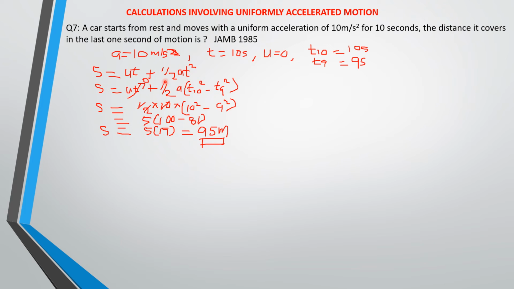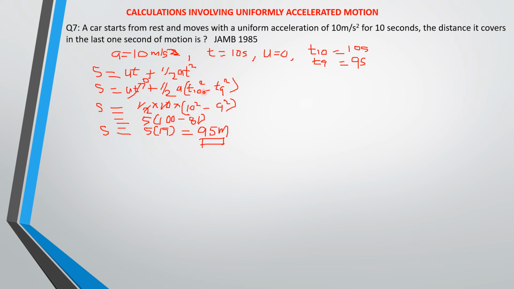And another way you can solve this problem is to find the distance for the 10 seconds, then find the distance for the 9 seconds, then find the difference. The difference will give you the distance covered within the last 1 second.